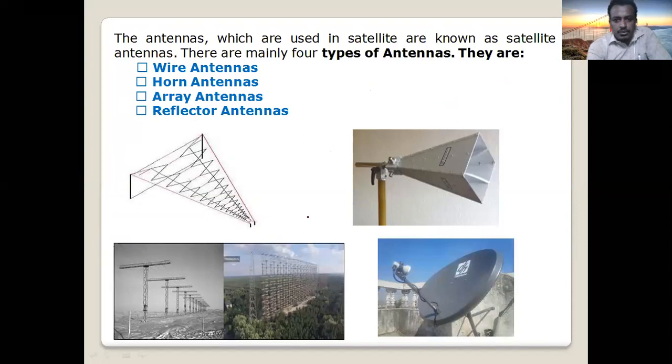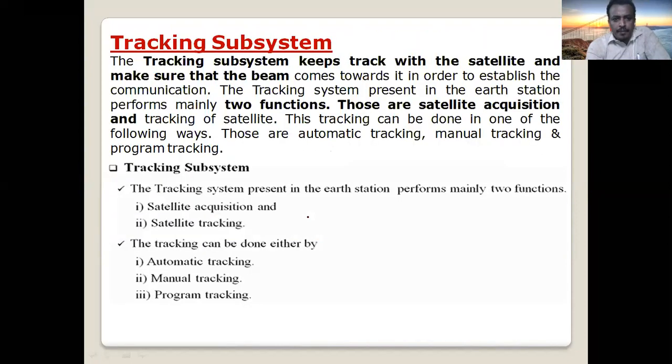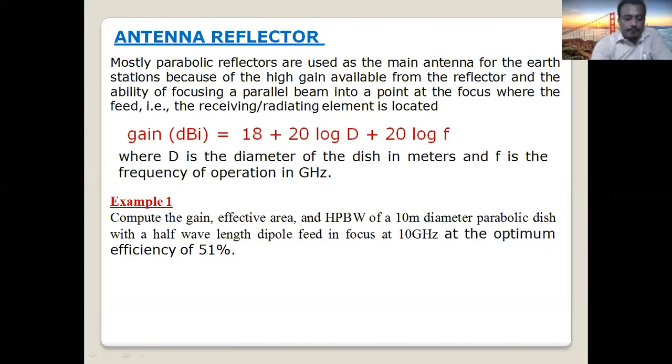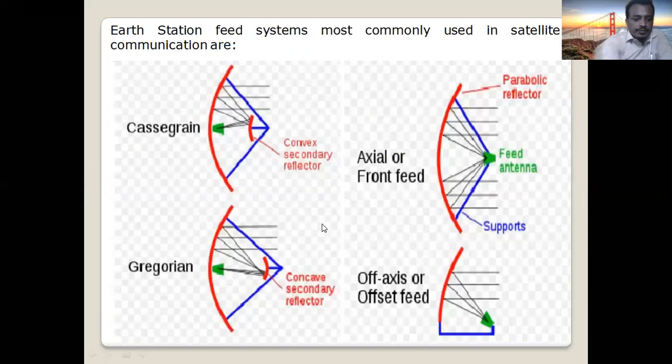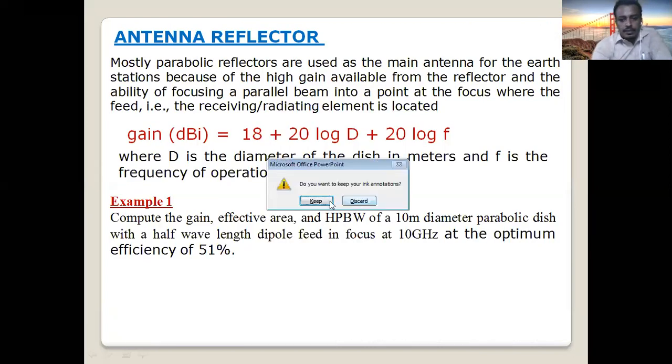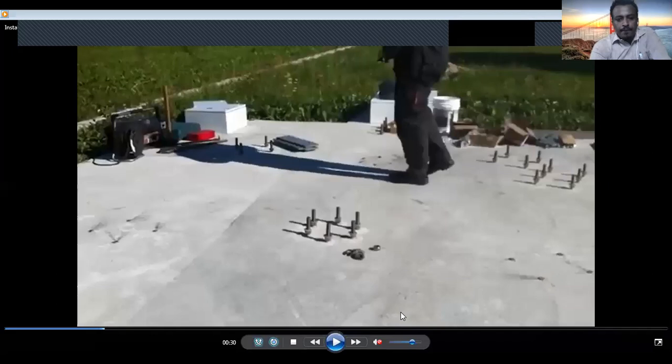So go through this antenna subsystem. Another subsystem for a satellite earth station is the tracking subsystem. So this tracking subsystem has two main functions.